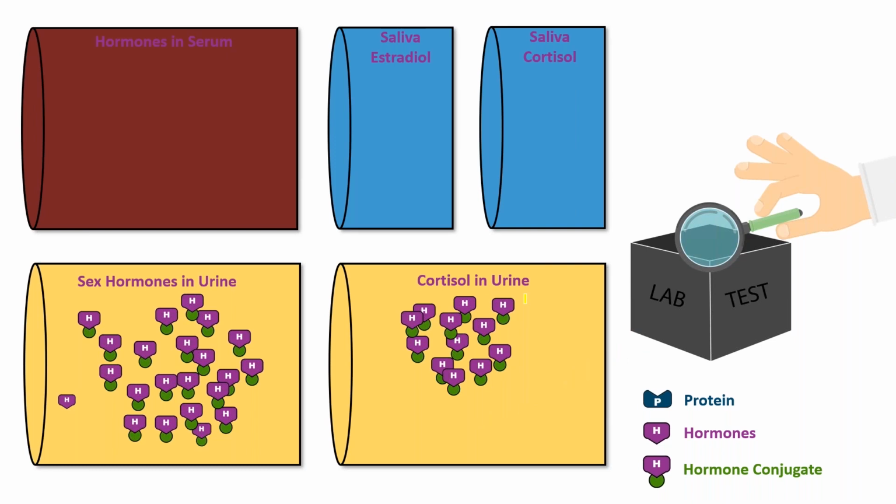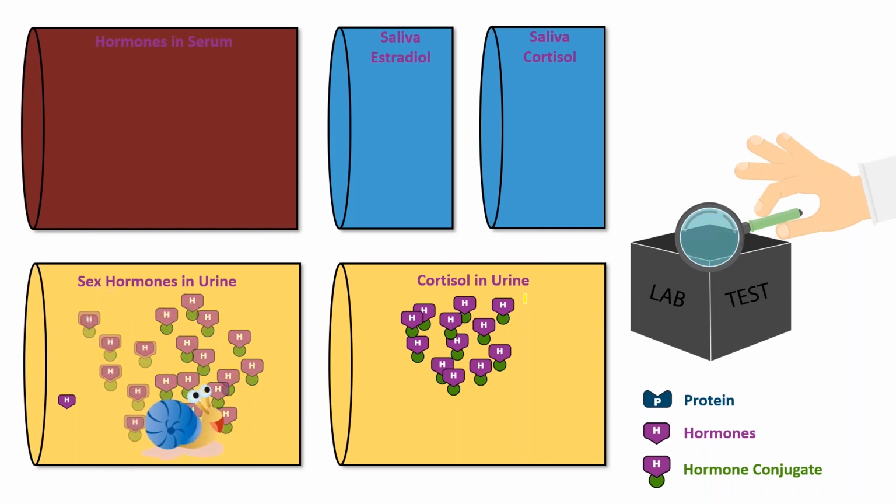Now, if you want to know how the lab testing actually works for the sex hormones, we know we've got a bunch of glucuronides and sulfates. That little green dot represents the water-soluble conjugate that makes it a hormone conjugate. It just so happens that a certain species of snail has a whole bunch of glucuronidase and sulfatase in its system, and so we actually use an extract from that.